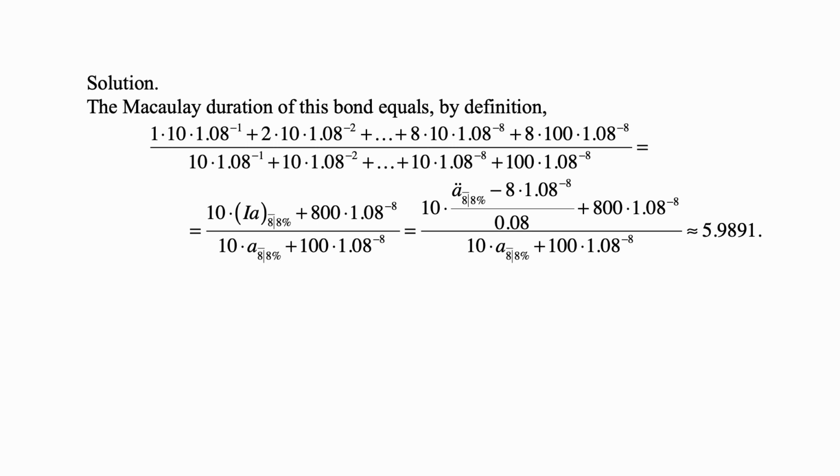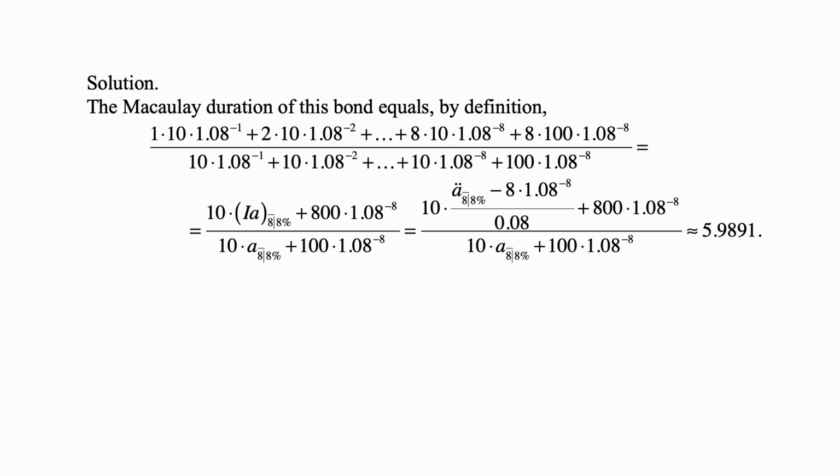The bottom, actually, you can just use the calculator to calculate the present value of the price of a bond, which pays a 10% coupon and has 100 principal, and it's an 8-year bond in the 8% interest rate environment.